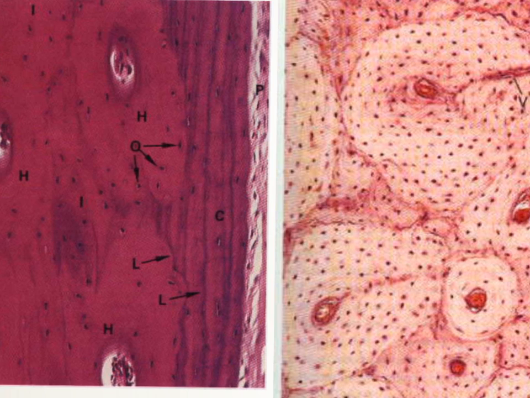Lamellae in between Haversian systems are called interstitial lamellae. So in this picture we have the periosteum, the external circumferential lamellae, the Haversian system or concentric lamellae, the interstitial lamellae, and the Haversian blood vessel.